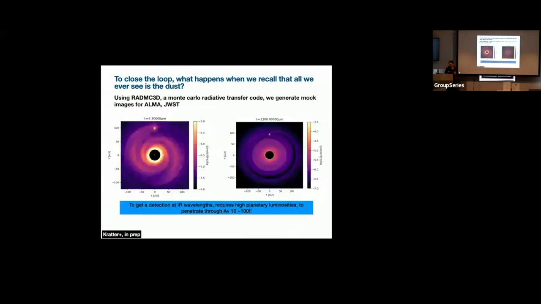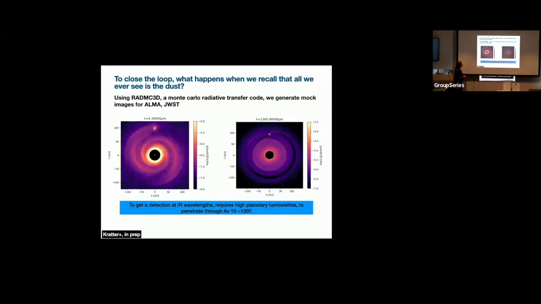So just to close the loop a little bit, I started by saying we have this big problem where all we see is the dust, but the dust isn't tracing the mass. So what we're now trying to do is use these multi-fluid simulations to ask what the dust grain distribution would look like to something like JWST or ALMA.